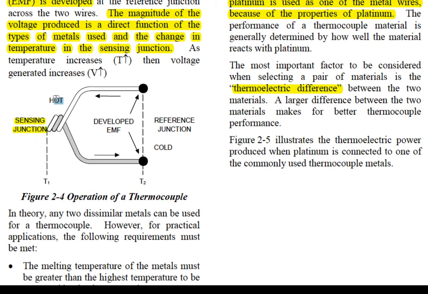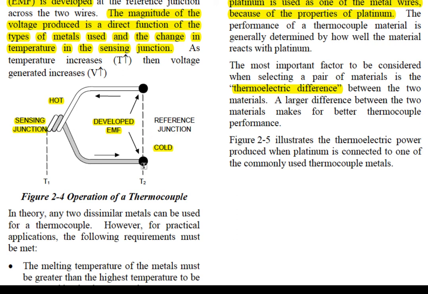Notice that the sensing junction is going to be your hot side. Then they have the other side, which is going to be your voltage indicator. Notice it says a developed EMF, electromotive force, voltage, and it's considered your cold side. Is it actually cold? It's cooler than the junction side. It's not necessarily always cold, but it's cooler.